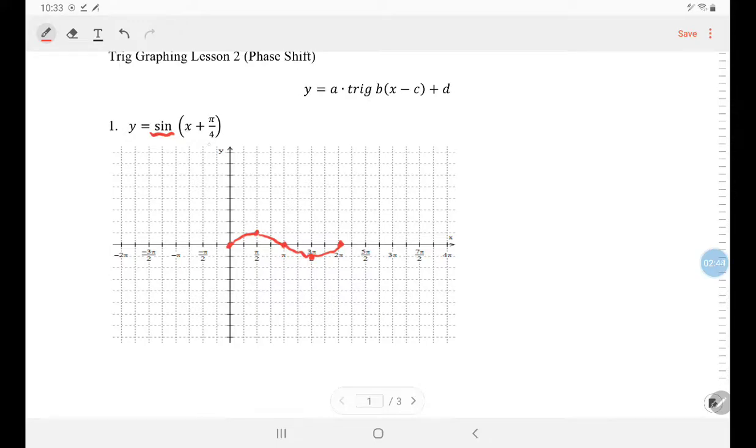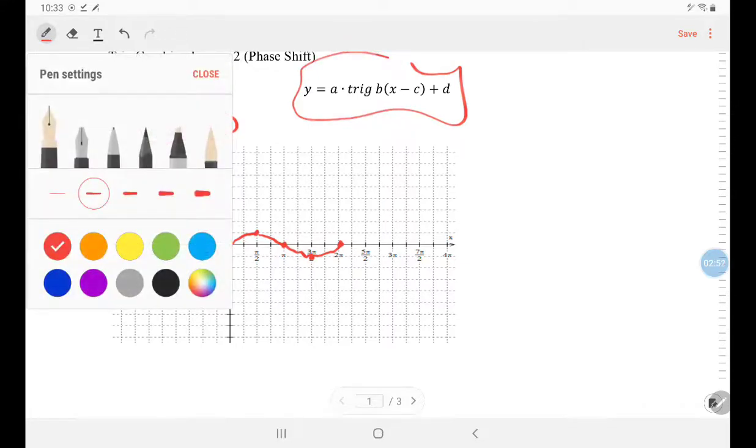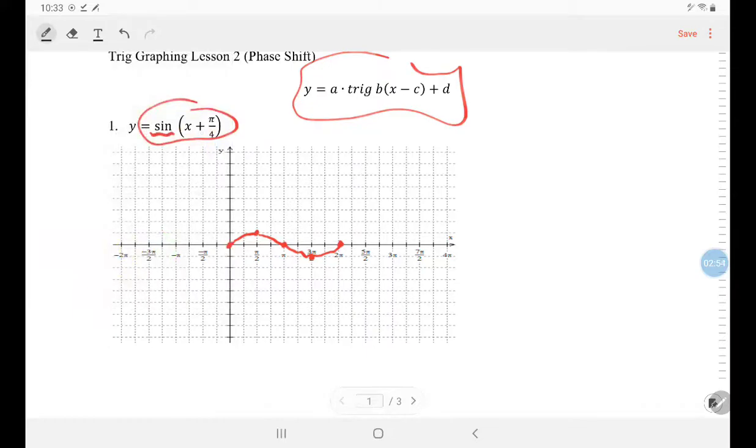Now if I look at my transformations here, I see that I have this x plus pi over 4 right there. So I have a change in C. Now, remember how this works.